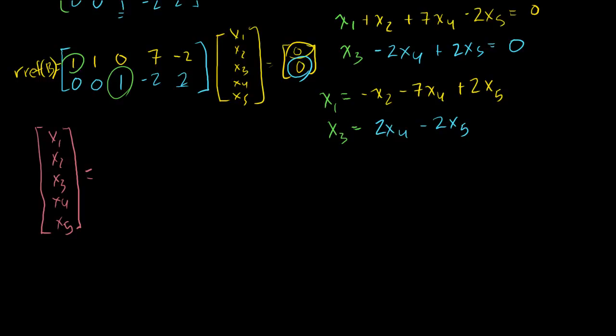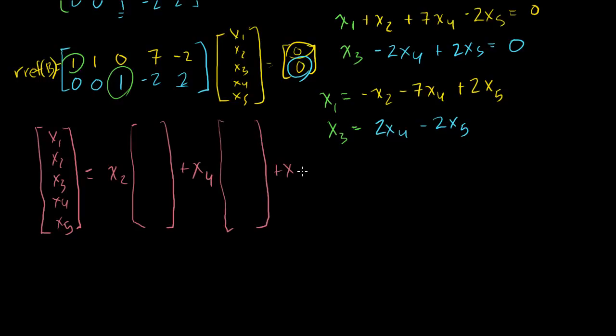It's equal to, the free variables are x2 times some vector, right there, plus what is x3? No, x3 is not a free variable, plus x4, that's my next free variable, times some vector, plus x5 times some vector. And what are those vectors? Well, let's see.